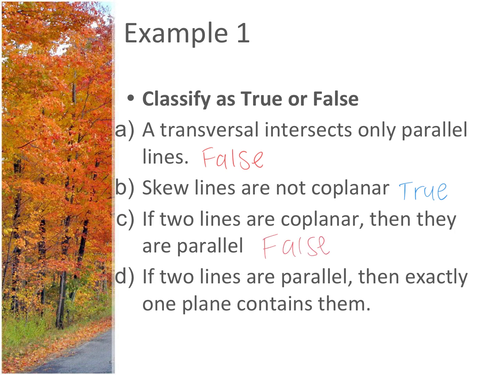If 2 lines are coplanar, meaning they lie on the same plane, do you guys agree that these 2 red lines should then be parallel? Are they parallel? No, so is this statement true? No, it's false. Because you can have 2 lines that are coplanar and be intersecting. They're not parallel. Okay? If 2 lines are parallel, then exactly 1 plane contains them.